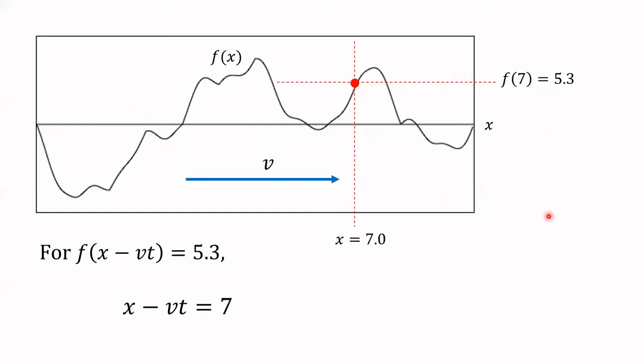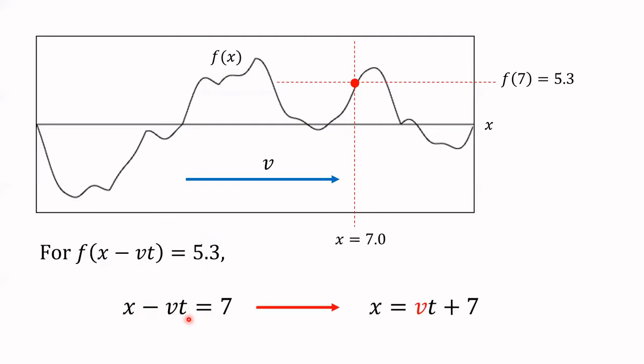Well, what's the relationship that x-coordinate has with time? Obviously, as time increases, this x-coordinate also has to increase so that their difference is always equal to 7. Let me repeat that. As time advances, we're subtracting a larger quantity. That means this quantity, x, must also be larger so that their combination is still equal to 7, so that when we plug that into f, we still get the height 5.3.